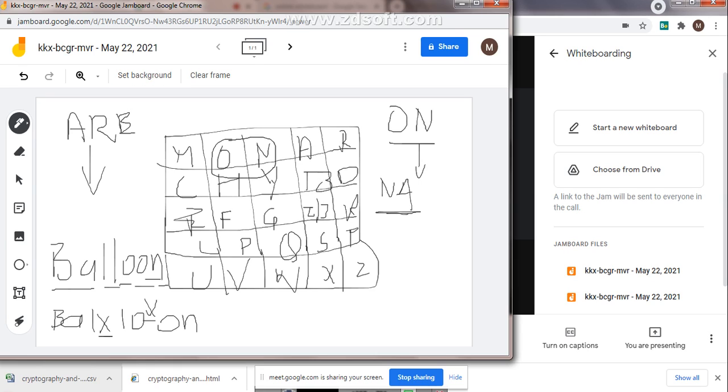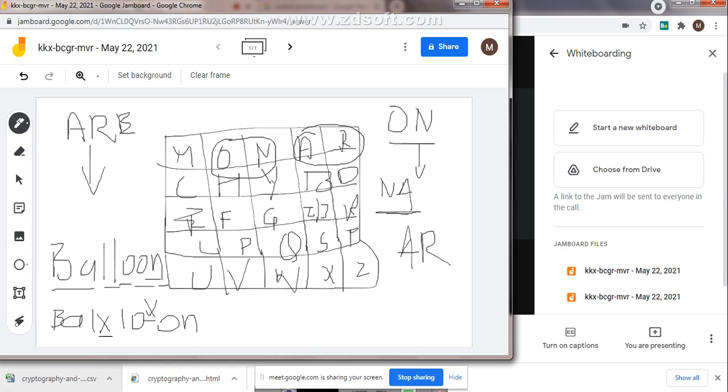You replace this letter with the letter which is present right of that one. So O is replaced with N. For N, the rightmost letter is A. So ON, as plain text, is encrypted as NA. Clear?